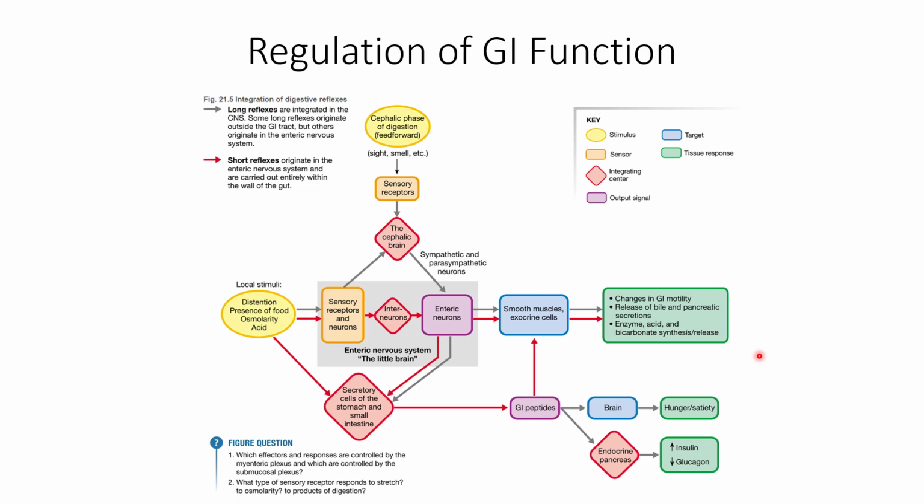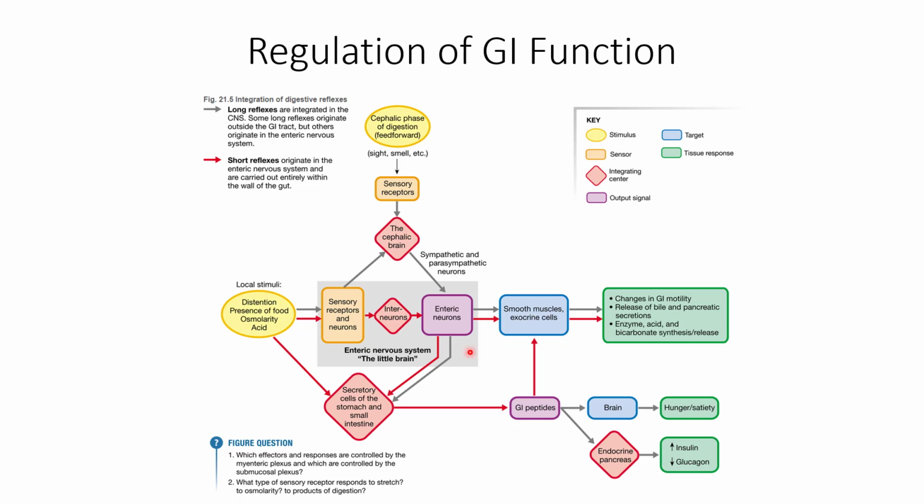Now, these functions of digestion, absorption, secretion, and motility are all regulated by what we call long reflexes and short reflexes. Long reflexes we've been talking about in a lot of our other systems. These are directed by the central nervous system. They originate outside the GI tract, and they typically are either hormonal or neural in how they originate.